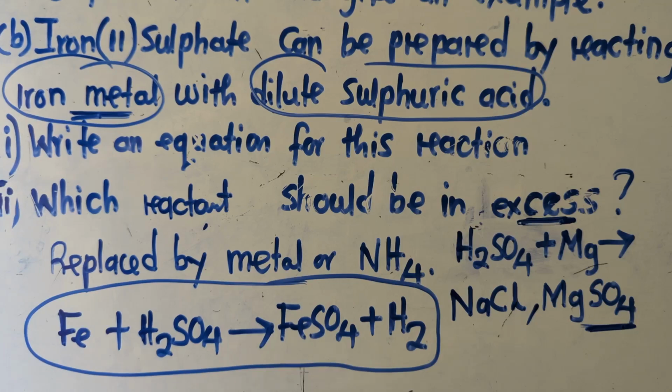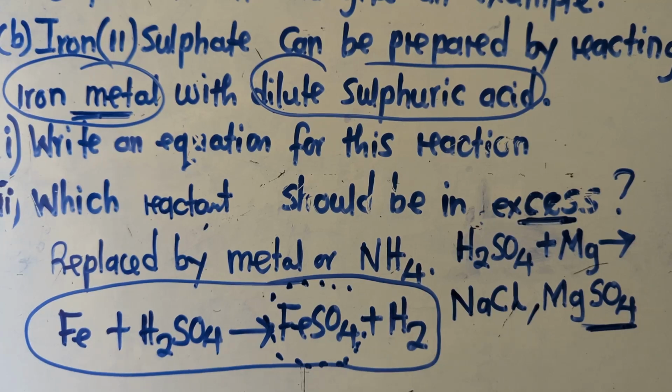I remember telling you that each time you are preparing a salt of this nature, the first thing we do is put the acid in the beaker. We warm the acid but don't boil. After that, we put in the excess metal, stir the mixture and form a concentrated solution.